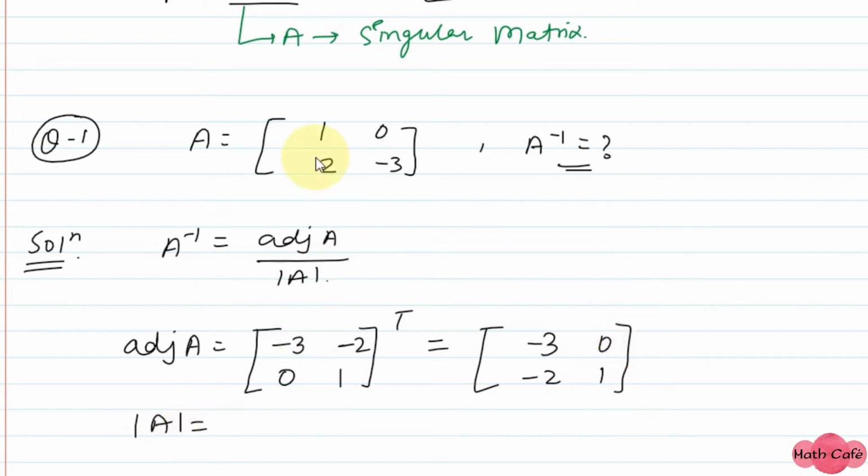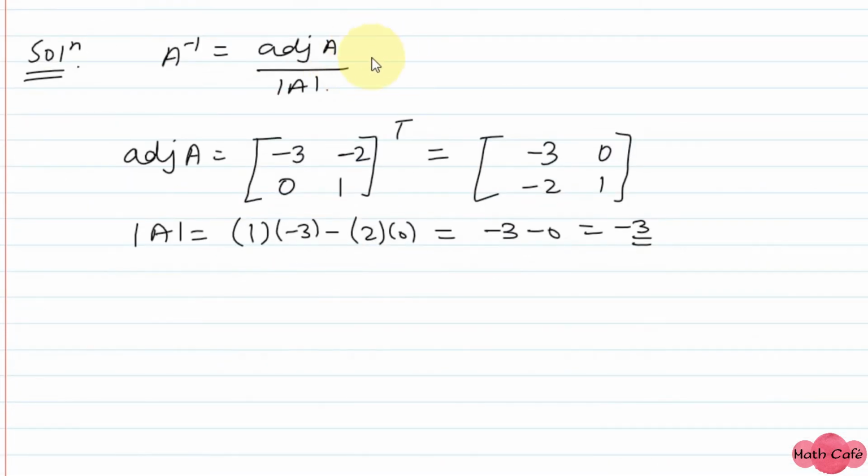Determinant value of A will be 1 multiplied by minus 3, minus 2 multiplied by 0. So we get -3 minus 0, that is equal to -3. So determinant of A is -3. After putting the values of adjoint of A and determinant of A, we can obtain A inverse.